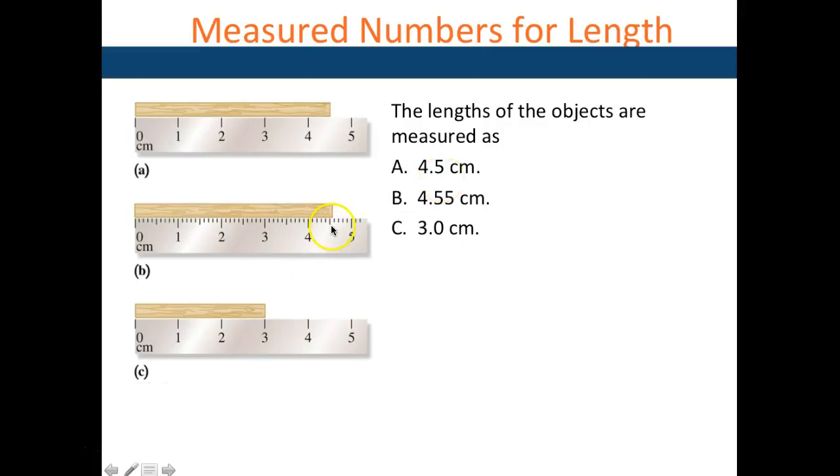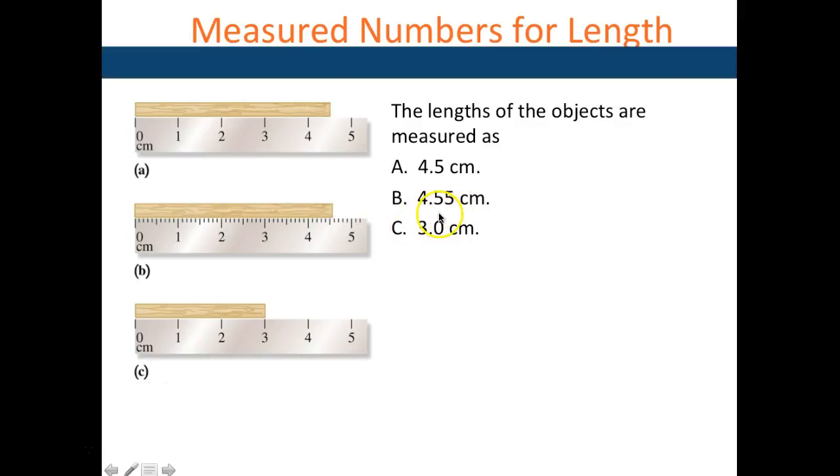Now here, when you do have clear in-between markings, you know that what you're measuring falls between 4.5 and 4.6. So you again take the space between 0.5 and 0.6 and divide it into 10 equal positions, and again you'll guesstimate that it falls right in the middle, and therefore this should be 4.55 centimeters.